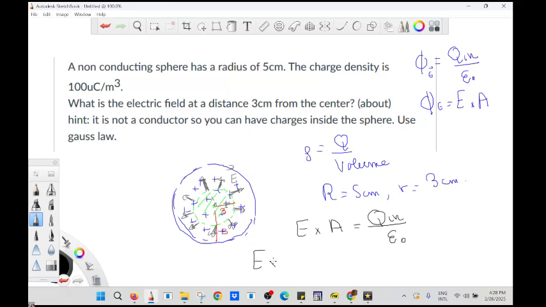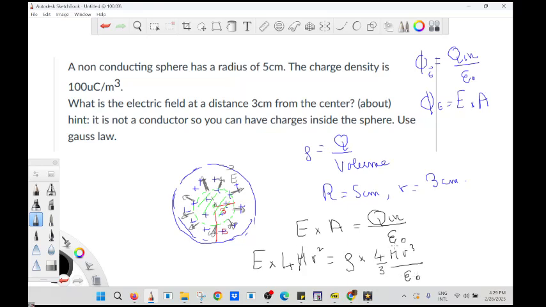So the electric field times the area of a sphere, which is 4 pi r squared, equals the charge inside, which is the density times the volume. The volume here is a solid sphere, so it's 4 over 3 pi r cubed, over epsilon 0.